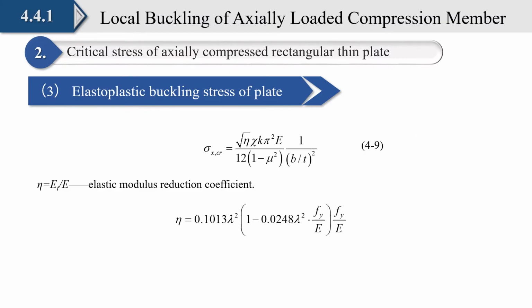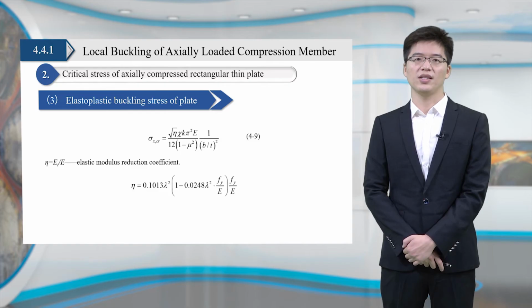The critical stress given by the above formula does not consider the influence of the material's plasticity. After considering the elastoplastic effect of the material, the critical stress of the plate can be further expressed by equation 4-9, where eta is the ratio of tangent modulus to Young's modulus, which is called the elastic modulus reduction coefficient.